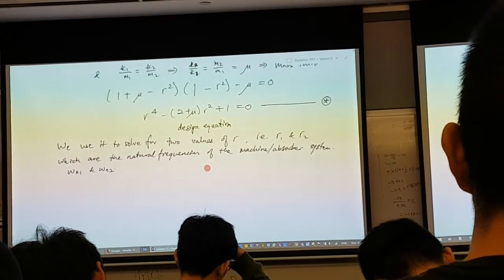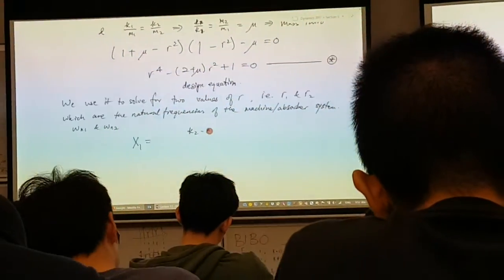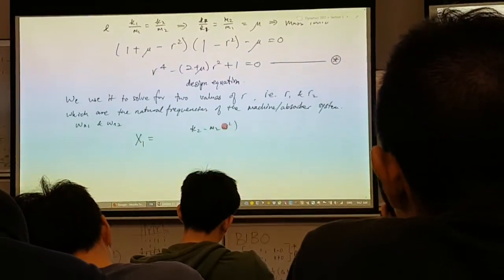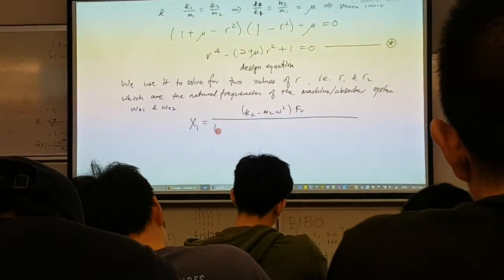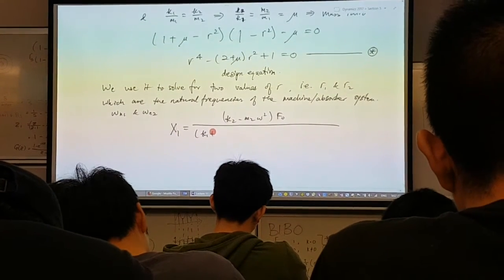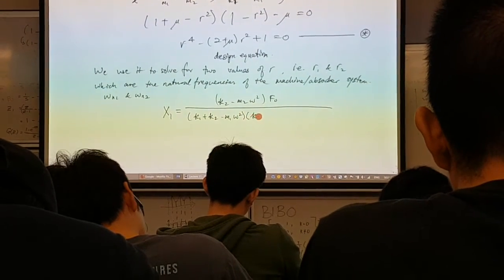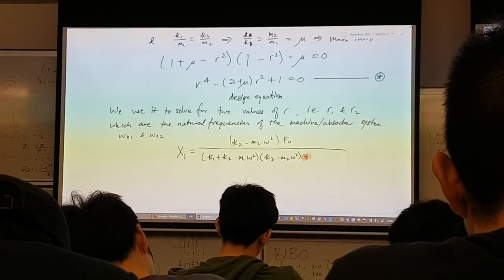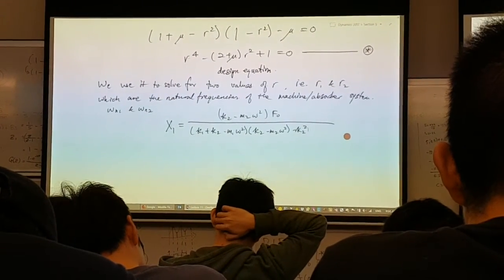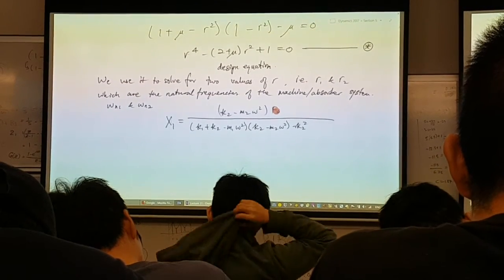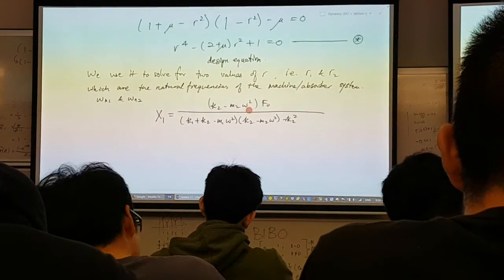I'm interested to do a sketch using my x1 expression, which is k2 minus m2 omega squared multiplied by f naught. This was my x1 expression. Just writing down the determinant again. And this is a constant, and I can also multiply throughout by k1.